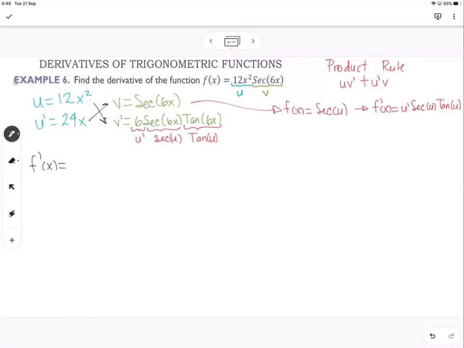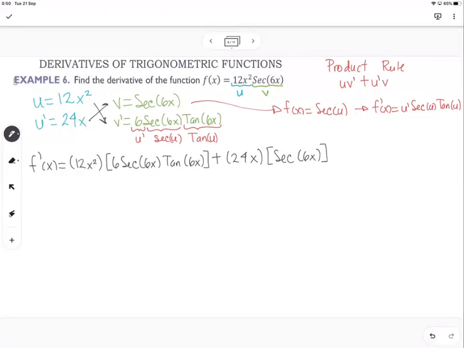Okay, this is going to be 12x squared times 6 secant of 6x tangent of 6x. Okay, plus 24x times secant of 6x.